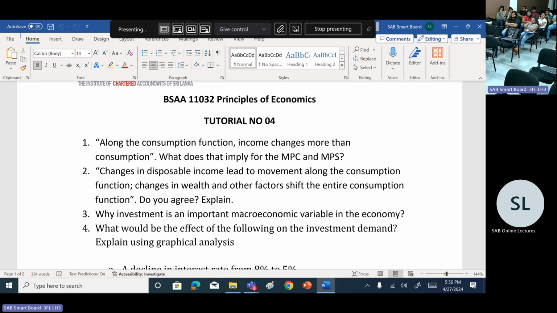If there is a change in the other factors, such as wealth, that shifts the consumption function. So changes in disposable income lead to movement along the consumption function. Okay.